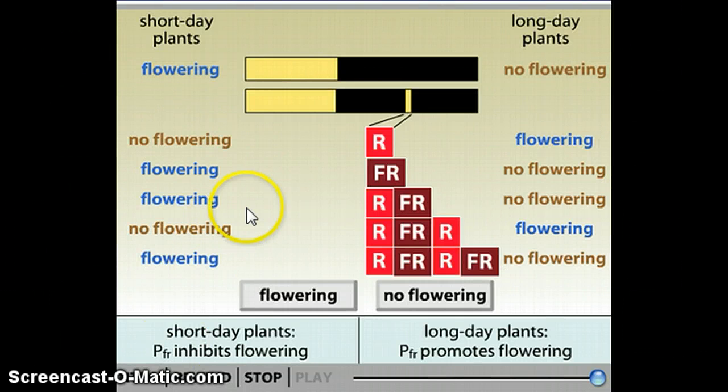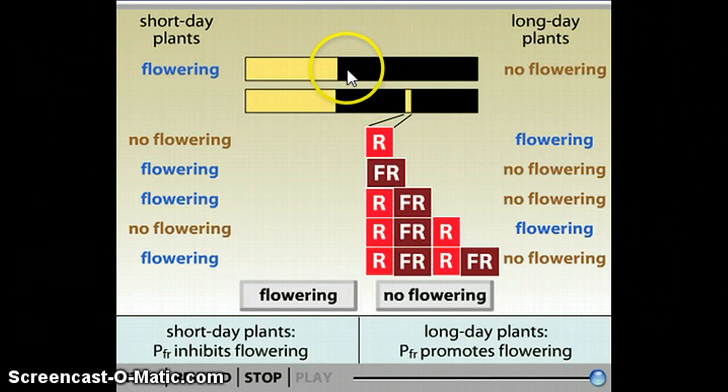So studying the pattern here, notice how this goes back to our original definition of a short day plant. It has a long period of darkness in order to have flowering, whereas a long day plant is not going to flower in this situation. But in this situation here, where we break up the darkness, we're going to end up with flowering occurring with a long day plant.